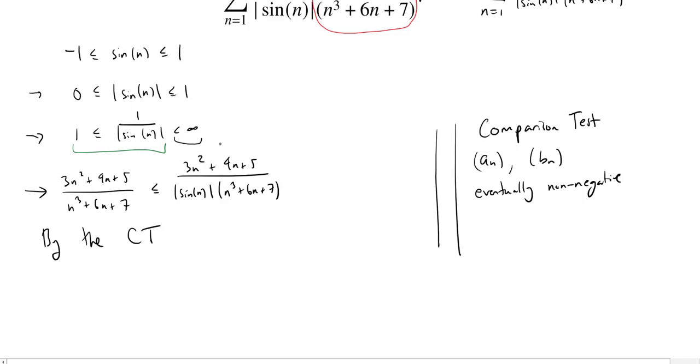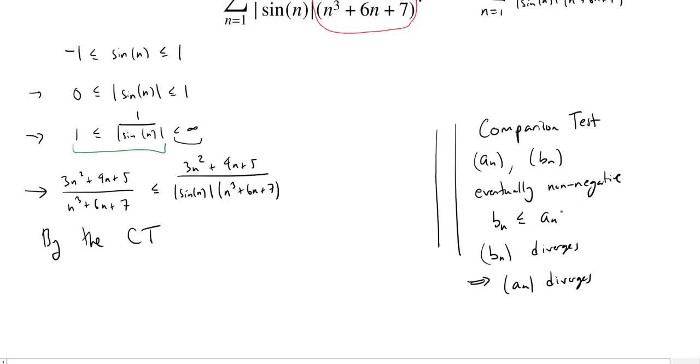So this is my original sequence and I want to replace it with this sequence. And if we know that the replacement sequence has terms which are beneath the original sequence, and if the replacement sequence diverges, then this implies that your original sequence diverges.